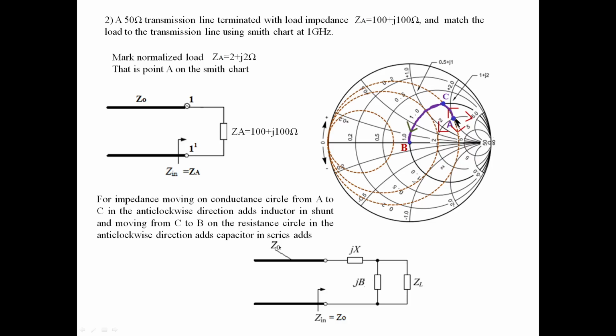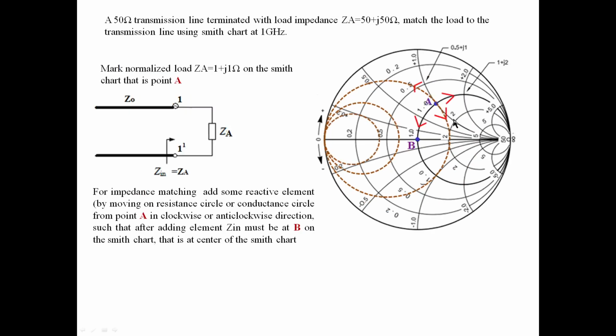Now next is the impedance. Moving and identifying the circles, we got that. Next thing is how to get a matching. For that, see, we are standing at the load position here. This is the load position.